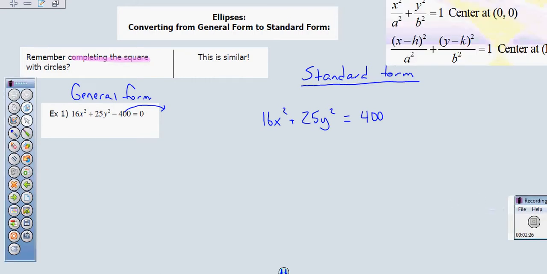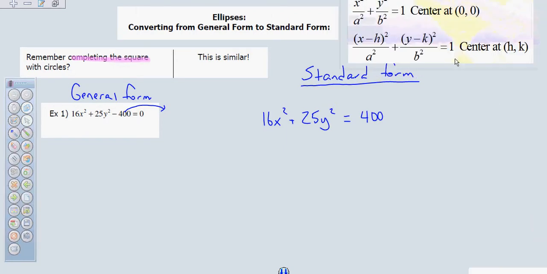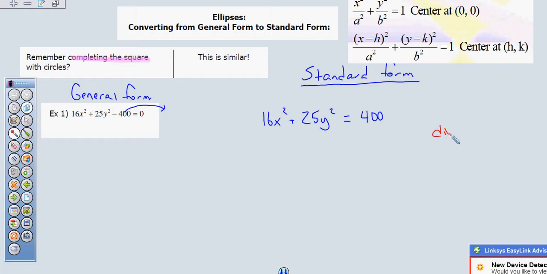So not only do we not have the denominators, but another thing to take into consideration is that we don't have those set equal to 1. We can solve that entire problem by dividing both sides by whatever our constant is. Alright, so we're going to divide.